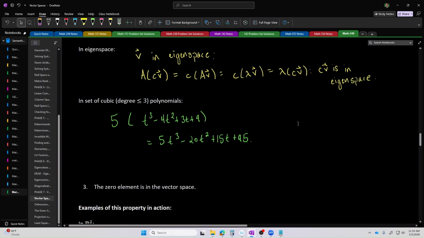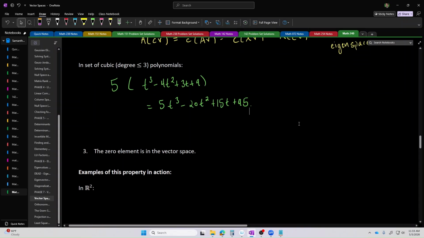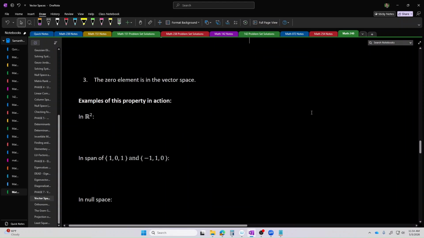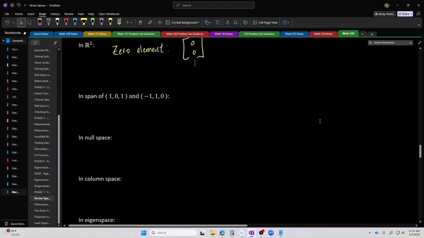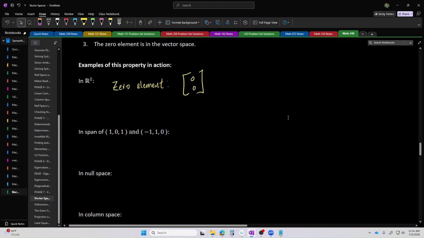The final property possessed by any set that can be called a vector space is that the vector space contains a zero element. So for example, in R2, the zero element (0, 0) is certainly contained in the set of two-dimensional vectors.